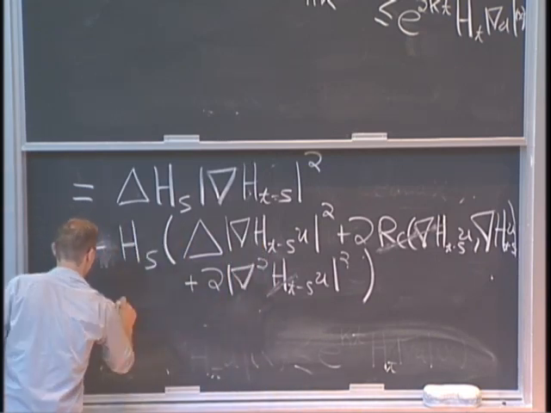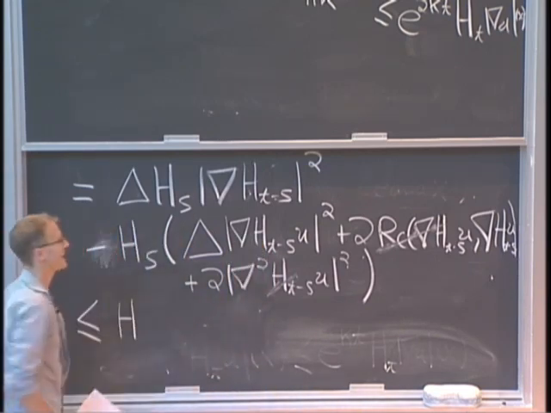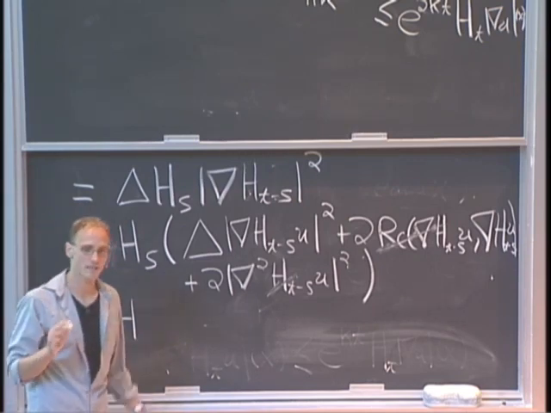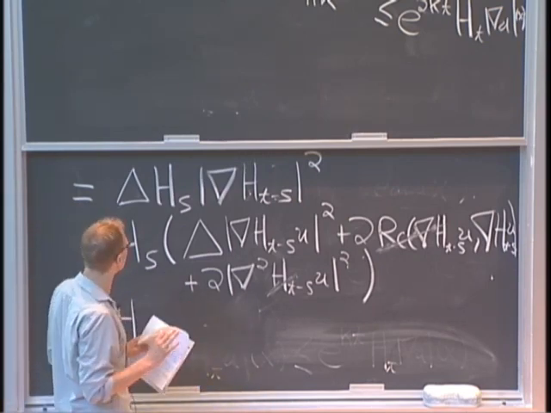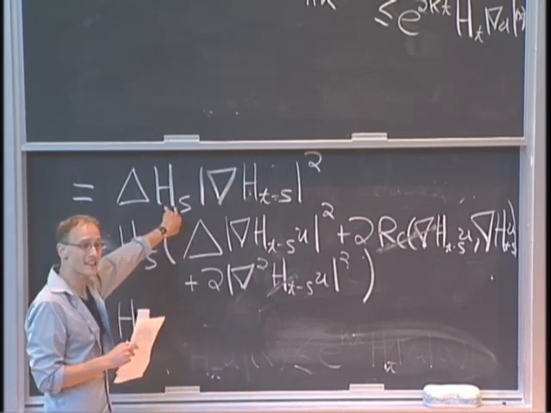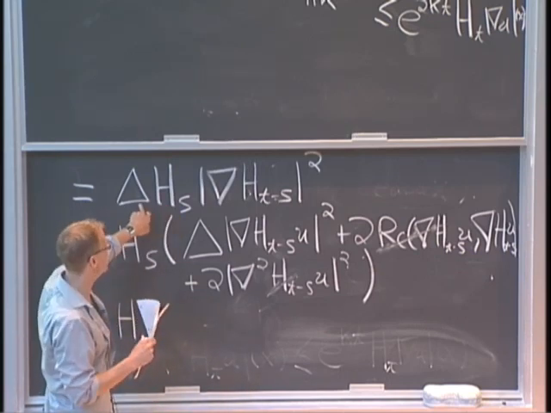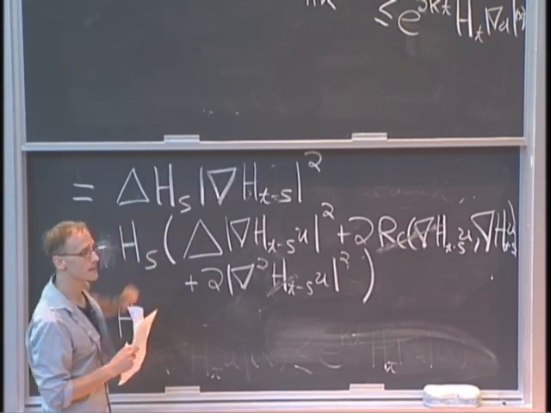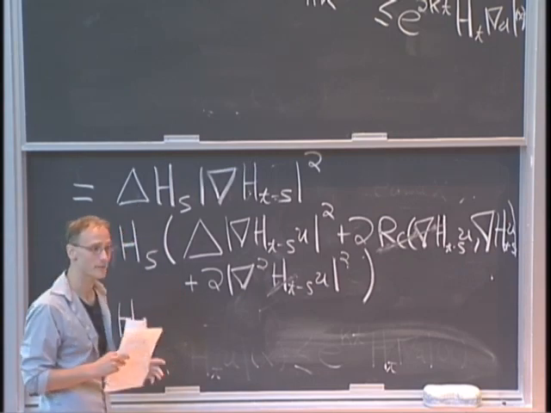And the first term here now becomes, so I didn't mention this, I should have mentioned this, but this is an easy but good point to check. If I flow something by the heat flow and then take its Laplacian, it's the same thing as taking its Laplacian and flowing it by the heat flow.